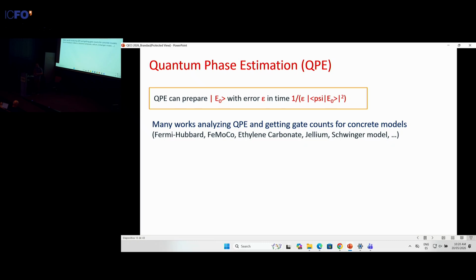on which a lot of work is based, and there are a lot of resource estimates for this, which is the following result. Quantum phase estimation can prepare a good approximation of the lowest eigenstate of the many-body Hamiltonian with error epsilon in time 1/epsilon, times one over the overlap of your initial guess state with the ground state, squared. Why this overlap?